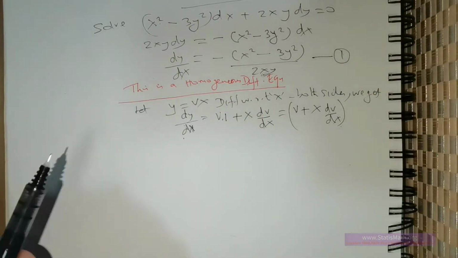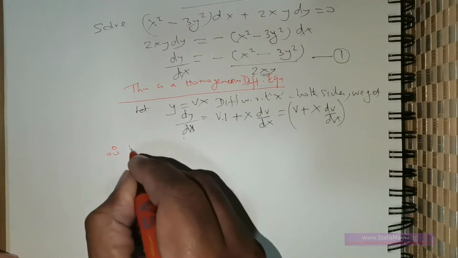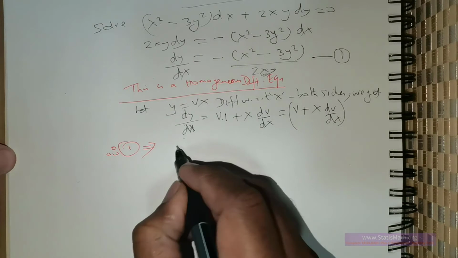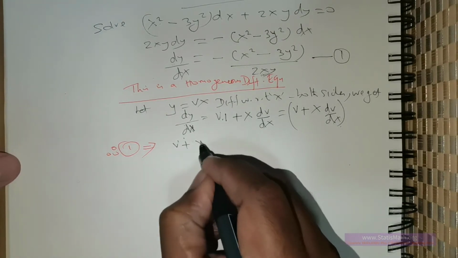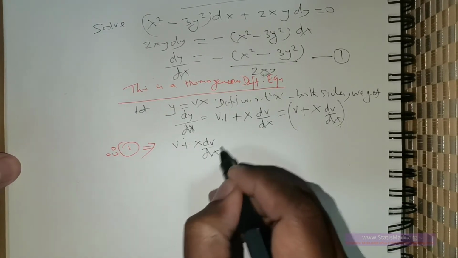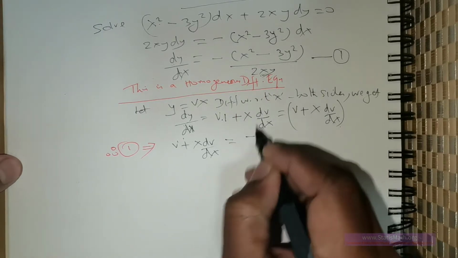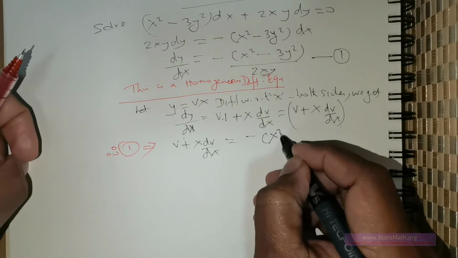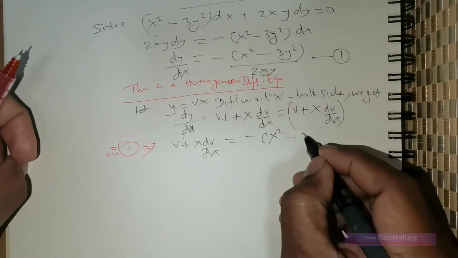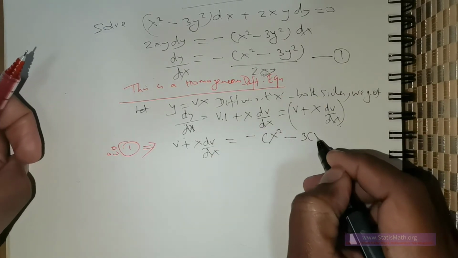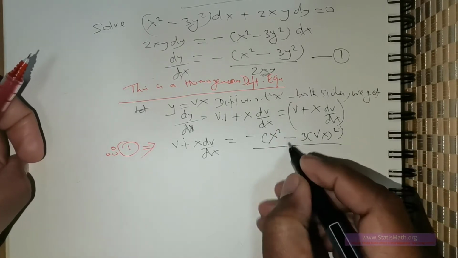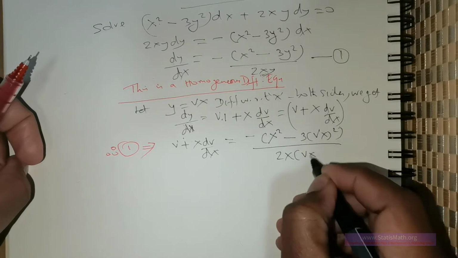So therefore equation 1 can be rewritten as, in place of dy over dx, I substitute v plus x times dv over dx, is equal to negative, and don't touch x squared, just retain x squared as it is, in place of y we substitute vx, the square is there, so place the square, divided by 2 times x times vx.